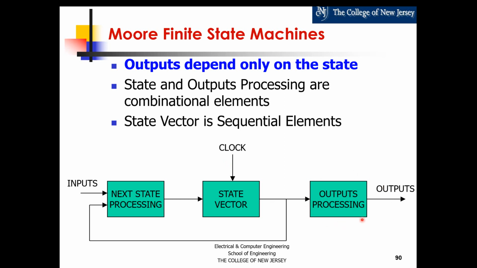And we have combinational logic that, given the state, produces the outputs. You should remember this from ENG 312. And then we have the next state logic, which is again combinational logic that, given the inputs and the present state, produces the next state.